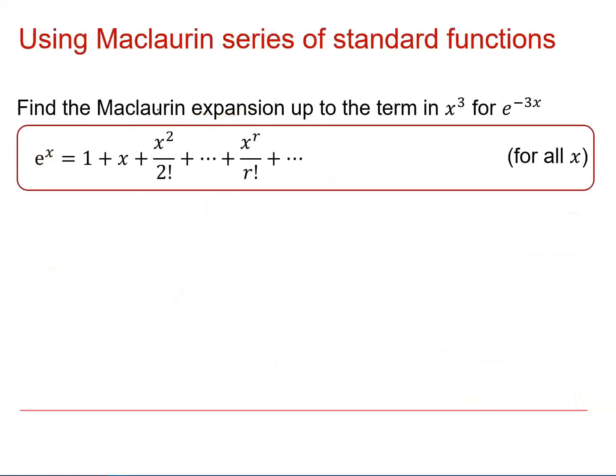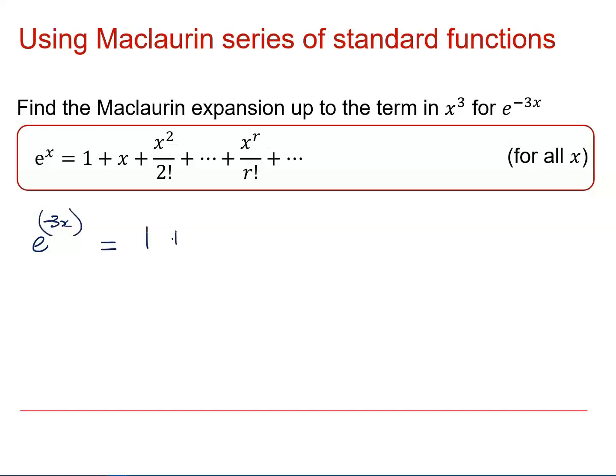So let's have a look at a couple of examples. Here we want the Maclaurin expansion up to the term in x cubed for e to the -3x, and we've been given here the series for e to the x to remind us. So if I want e to the -3x, well, it's just this blob here that I'm going to put into this series expansion.